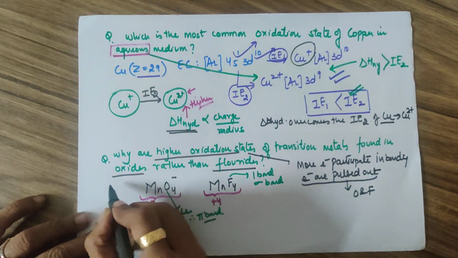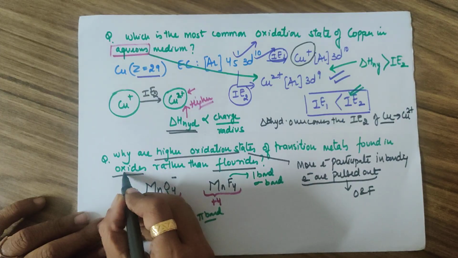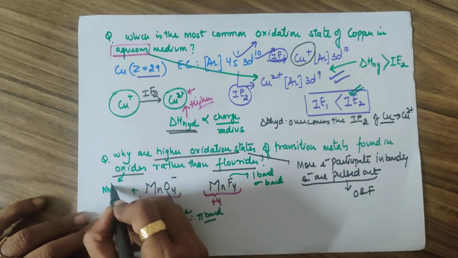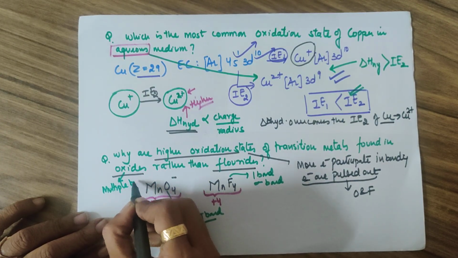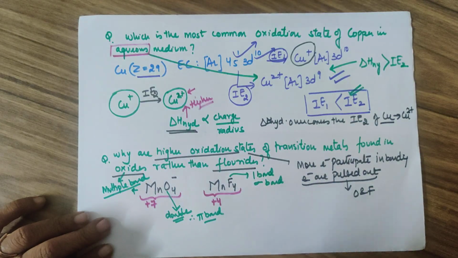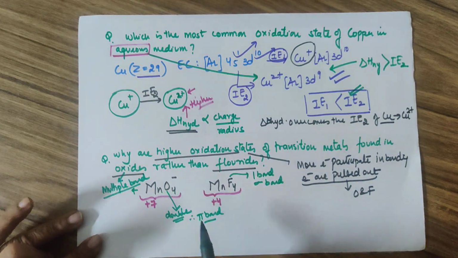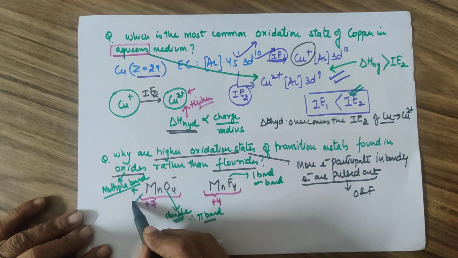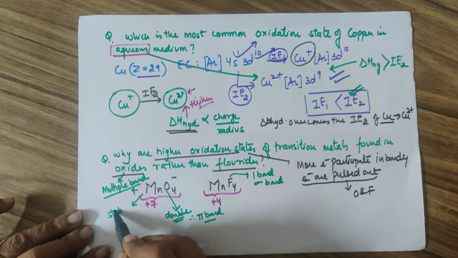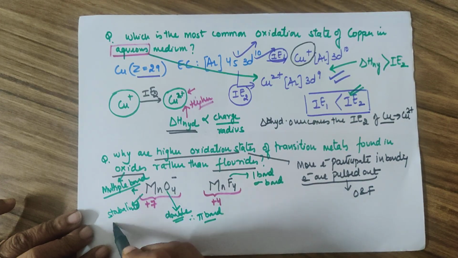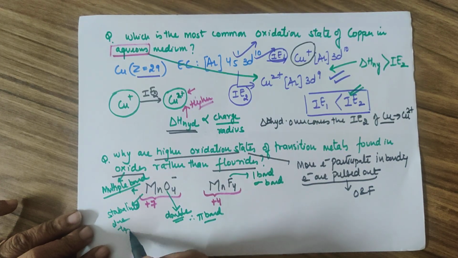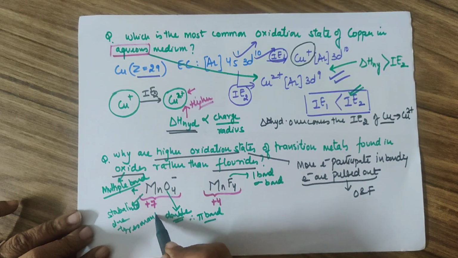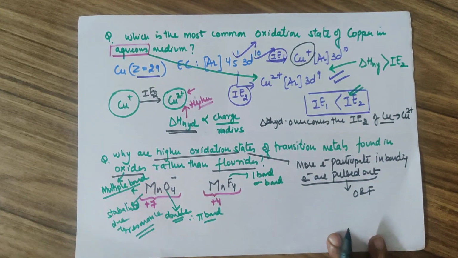The pi bond also helps in resonance, so this becomes stabilized due to resonance or delocalization of electrons.